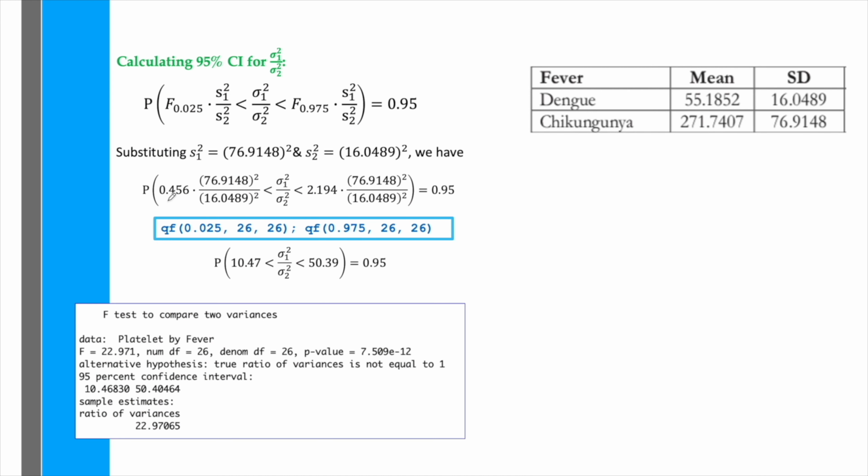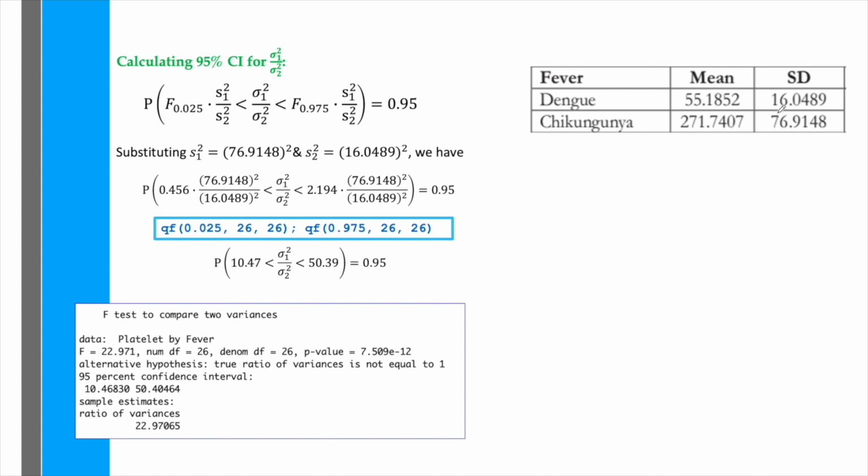Those F values are actually 0.456 and 2.194, which were generated using these two outputs in R. So this is the one with cumulative probability of 0.025 and this is the one with cumulative probability of 0.975. And we get 10.47 to 50.39. So this is the case when chikungunya is treated as group 1 and dengue as group 2.